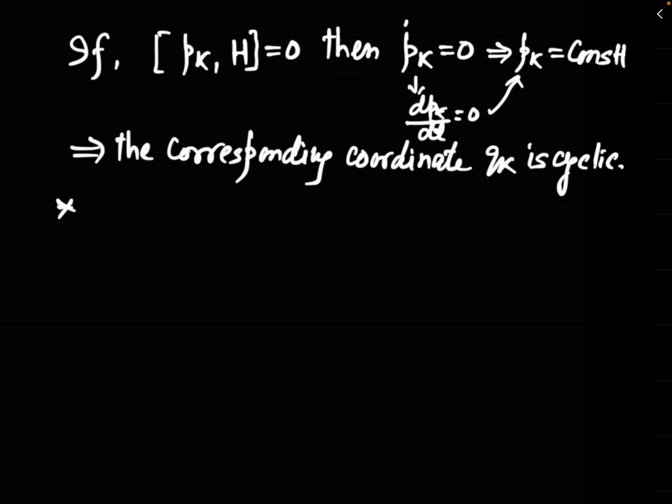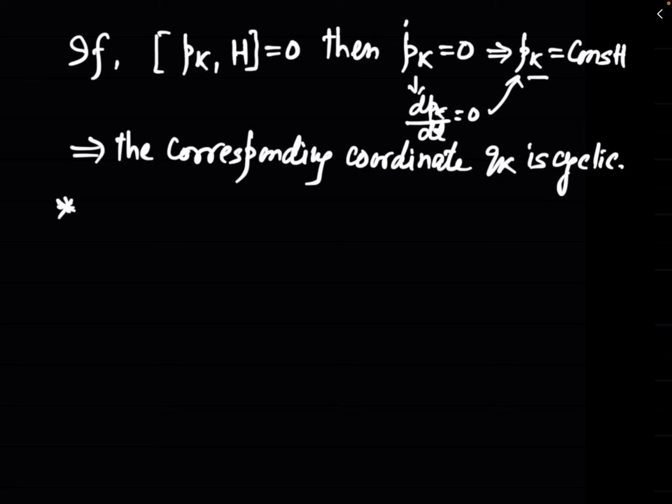Now we will see a very important fact here from this result. When you say that Poisson bracket of pk and h vanishes, it is 0, then you have seen that this pk is a constant, that is, it is a constant of motion, and its corresponding coordinate qk is cyclic.